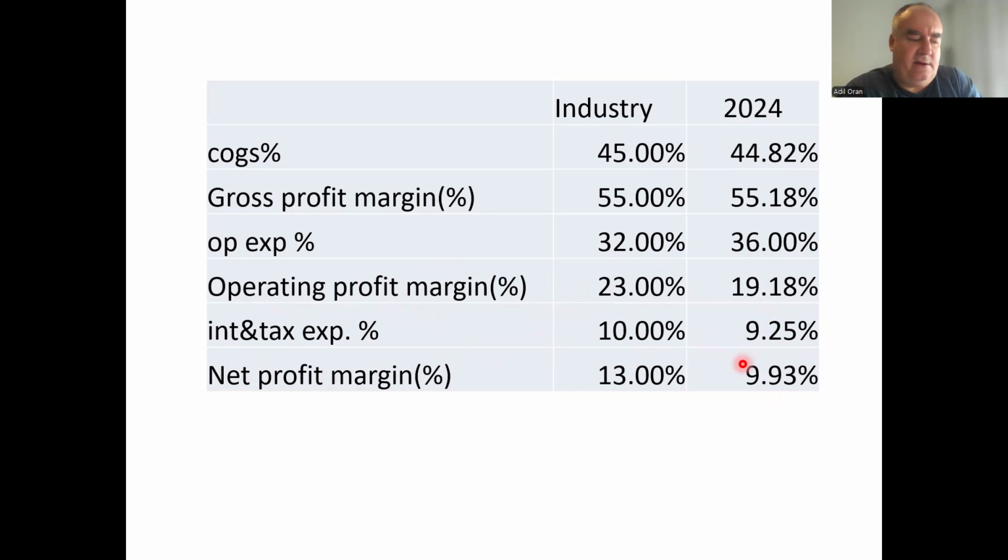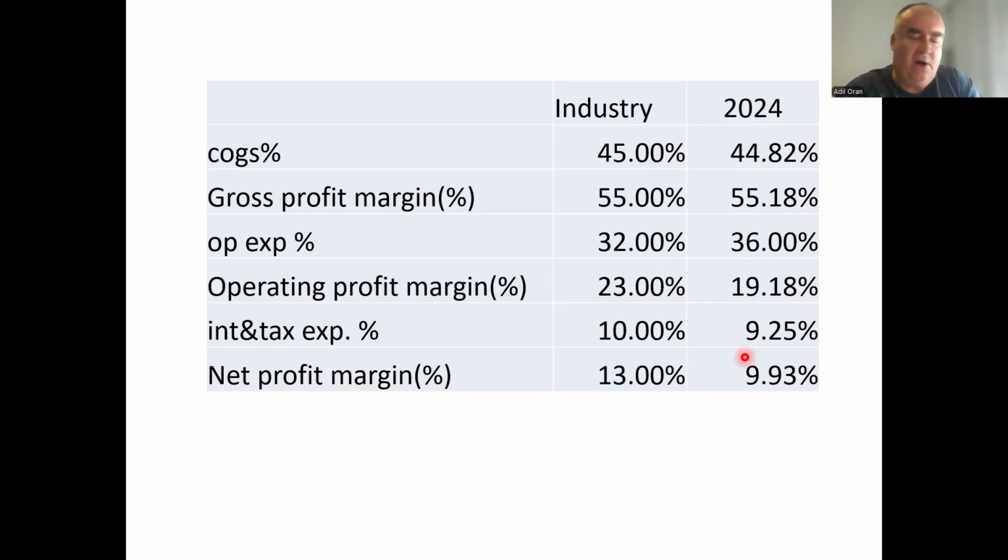Is this expected? Well, think of it this way. Would you expect the interest expense to be lower for our company? Not really, because if you look back at the previous slide and your notes, you might see that the debt ratio of the industry was 50%, while for our company, it was about 65%.